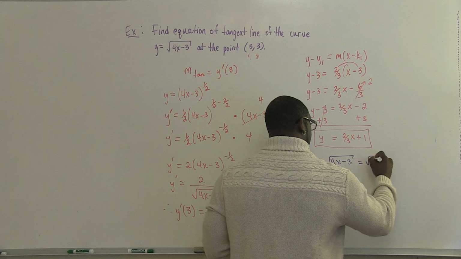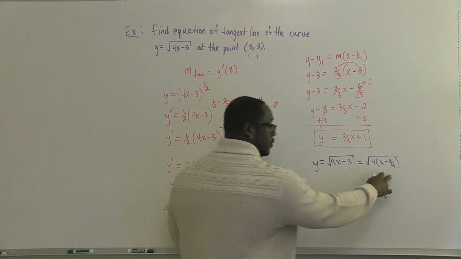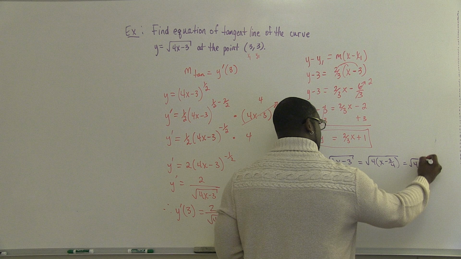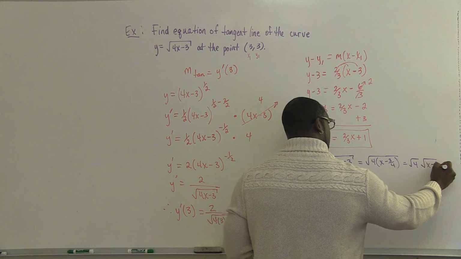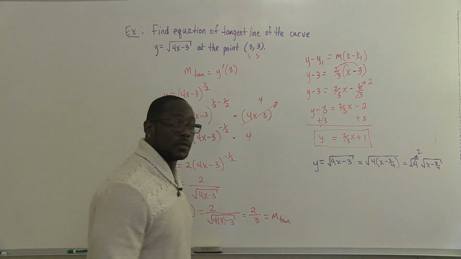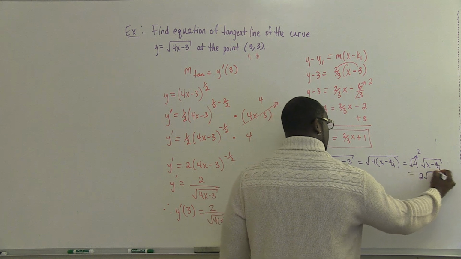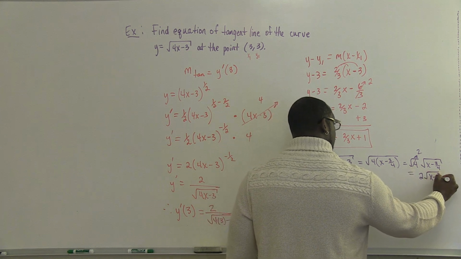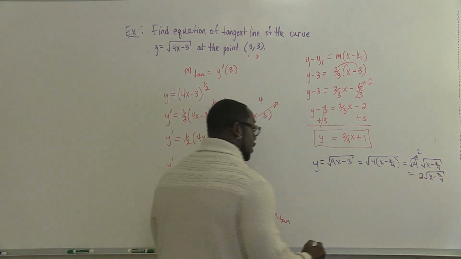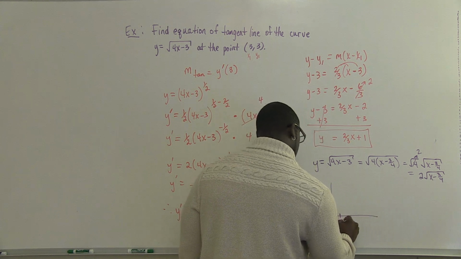So we could factor out a 4 out of the radicand, and we'll have this. And so from here, we could rewrite this problem this way. And of course, square root of 4 is 2. So this, at the end of the day, would just look like 2 times square root of x minus 3/4. If we were to draw that particular function, it would look like this.